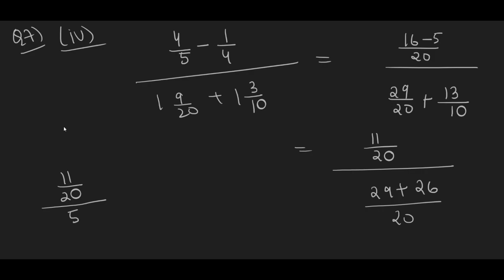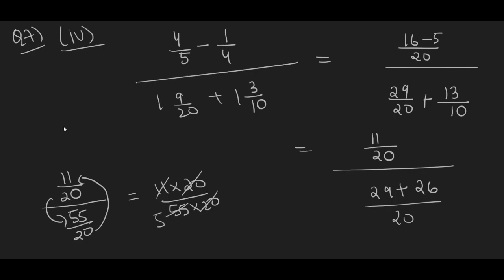This will be 55 upon 20. Now this will be multiplied to this and this will be multiplied to this. So 11 into 20 upon 55 into 20. 20 is cancelled by 20, 11 5s are 55. So the answer is 1 upon 5, children.